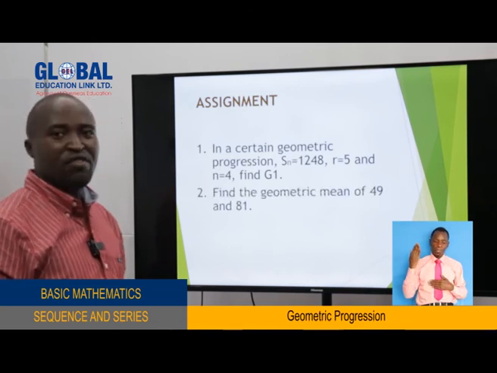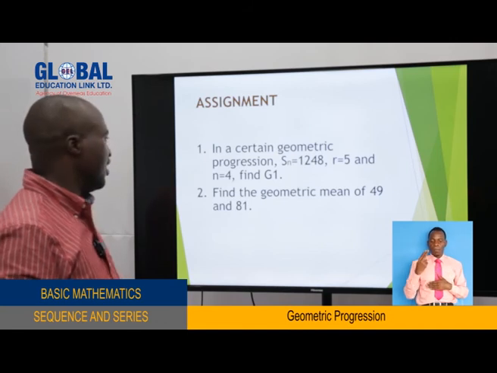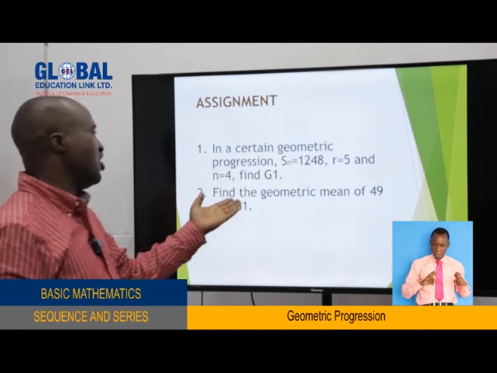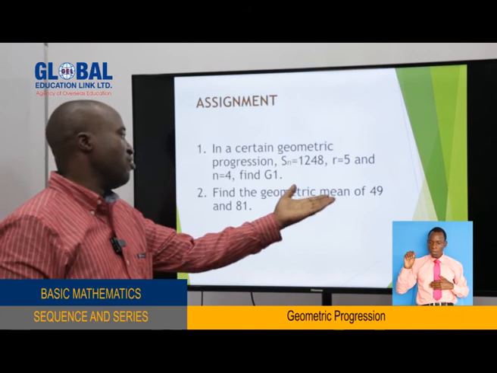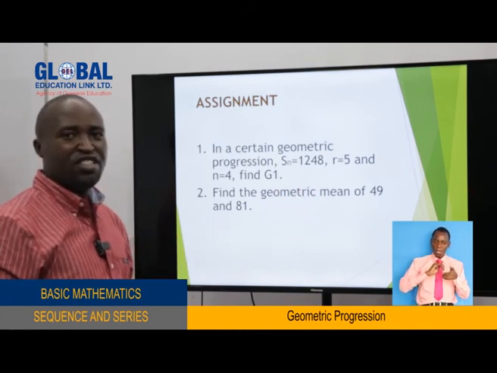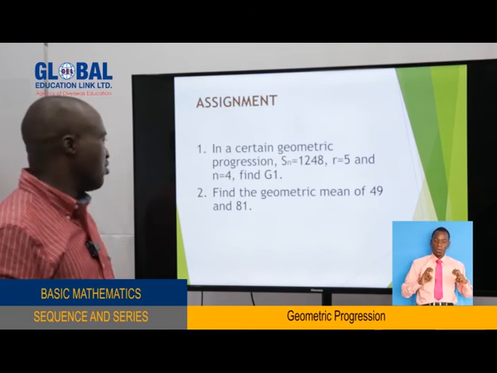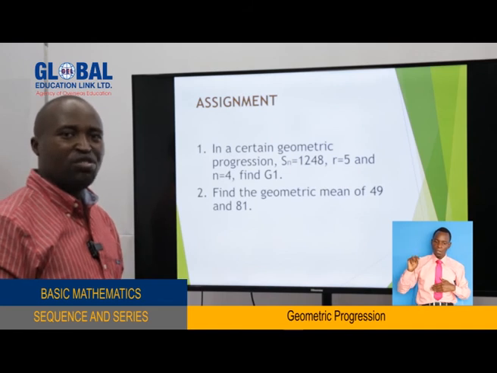Then, dear student, we have the second assignment question. That is, find the geometric mean of 49 and 81. You know the general formula of finding geometric mean. Then use it so that you can do the second question.